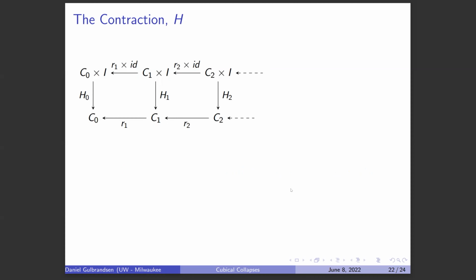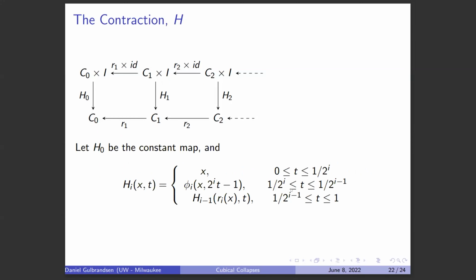Anyway, defining these maps H is again a delicate procedure. I'm just going to show you how they are defined. To get started, you can't really do much since your first compactum here is a base point. So you do the only thing you can, and this vertical line is just a constant map, and the rest of them are inductively defined.